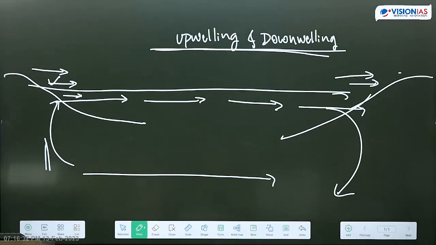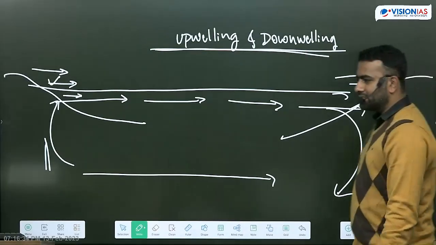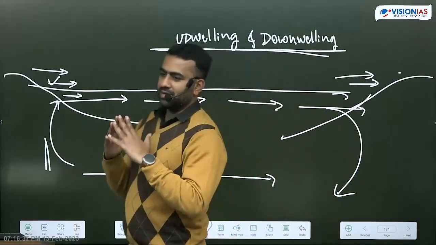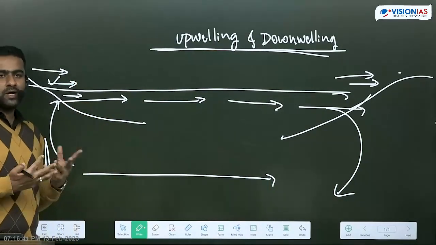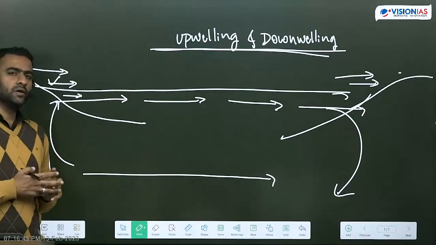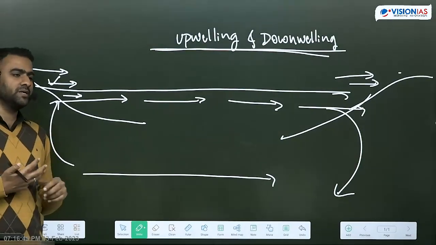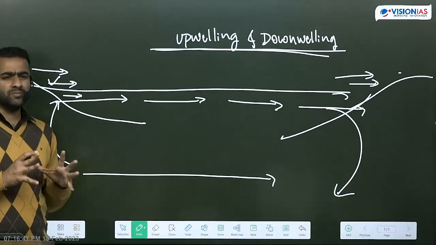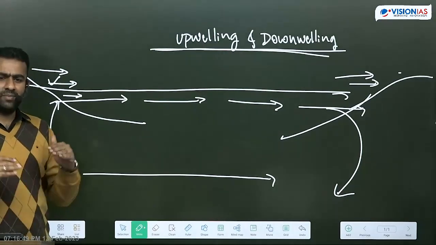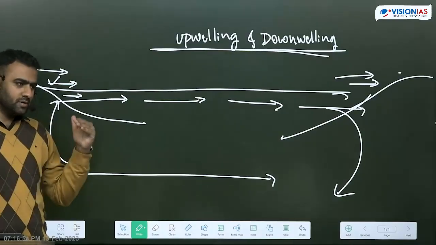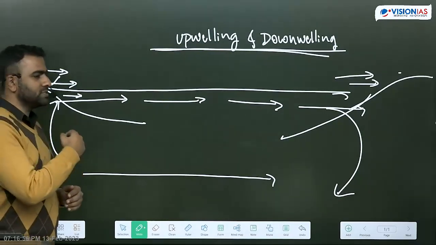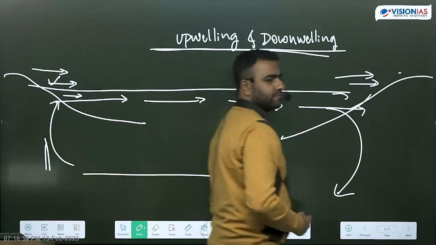Other than this, downwelling also happens in the regions where warm and cold ocean currents meet. Wherever warm and cold ocean currents meet, what happens to these currents? It behaves in a similar manner as that of air mass. थोड़ा बहुत mix up होगा, but a major part of the cold current starts to descend down because it is denser. That is what is downwelling.